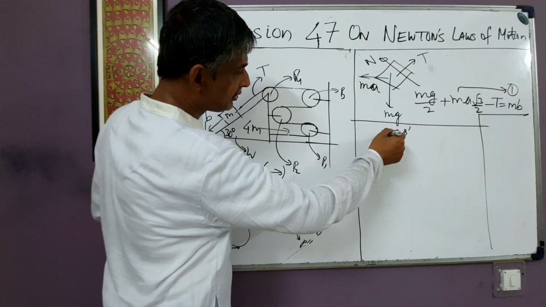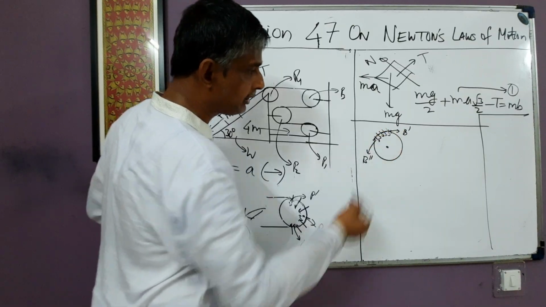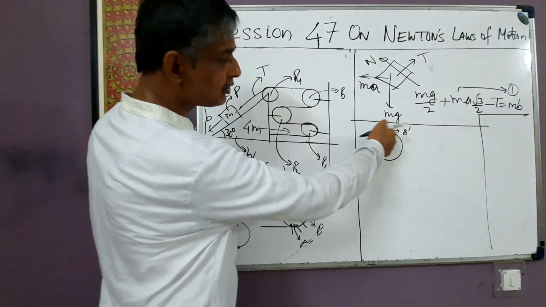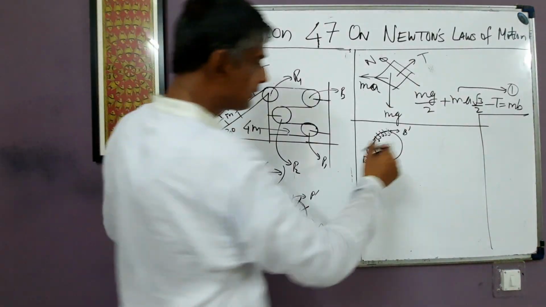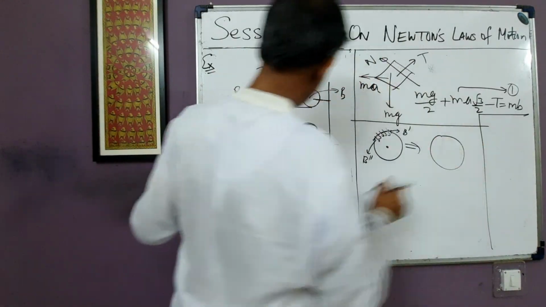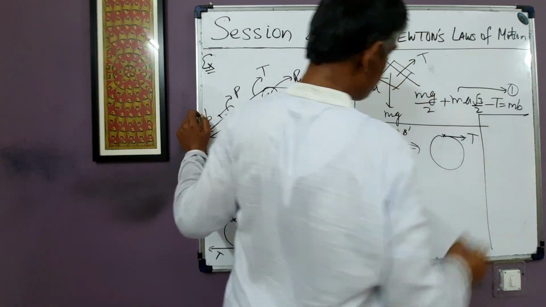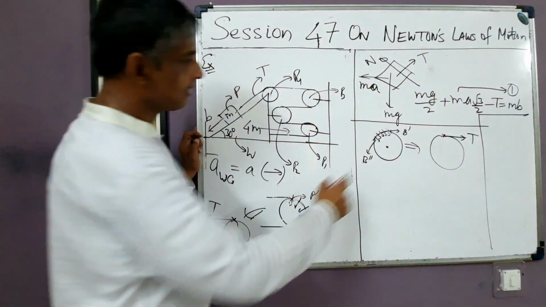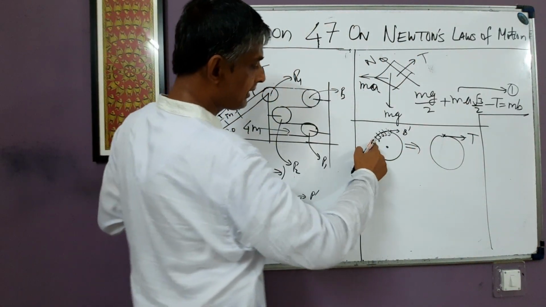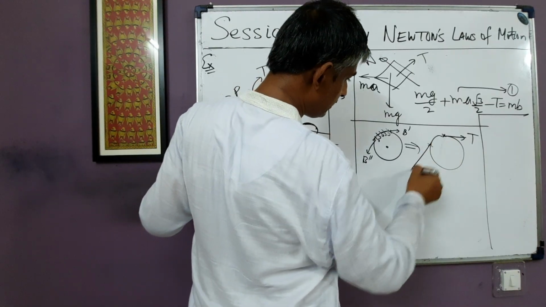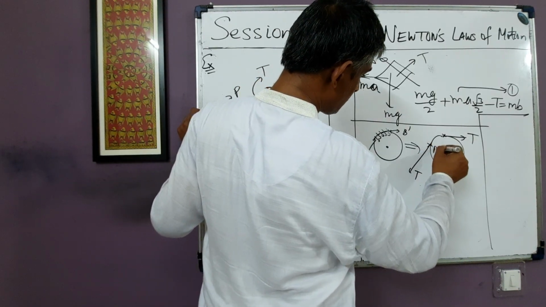Now at every point of this, the string exerts a normal contact force on the pulley. If we find the resultant of these normal forces by resolution, then we'll say that this string exerts only a force T at the highest point B dash of the pulley, and this string exerts a force at the other point B double dash only, T in this direction.